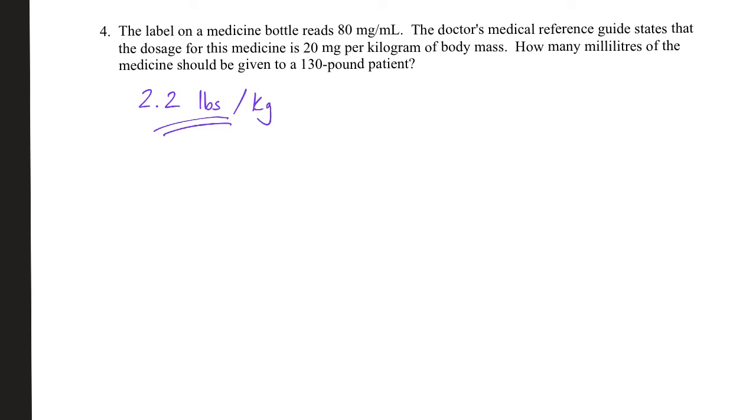Okay, and so we're back. So when you take a look at that, maybe one of the first things I want to do is try to figure out, well, how many kilograms does a 130-pound patient weigh? Well, if there's 2.2 pounds per every kilogram, then I need to take the 130-pound patient, and I need to divide that by 2.2.